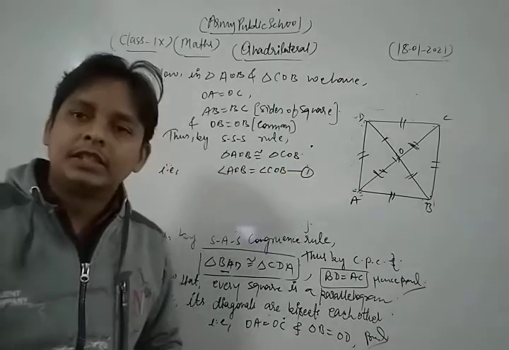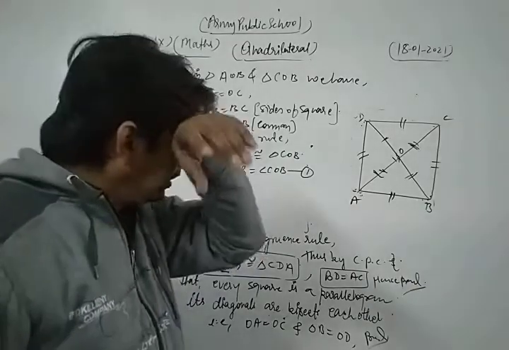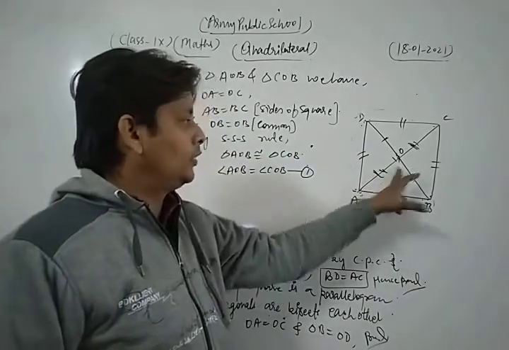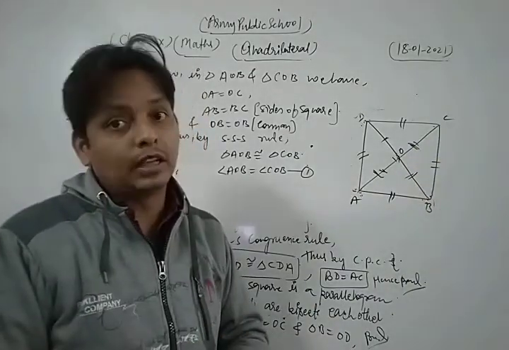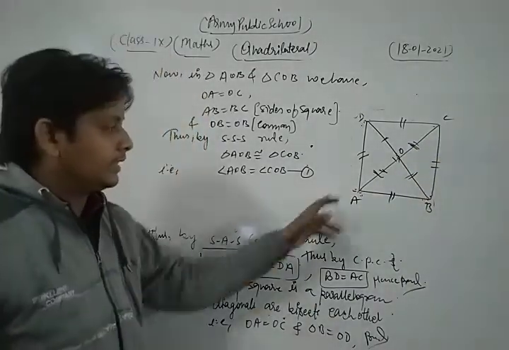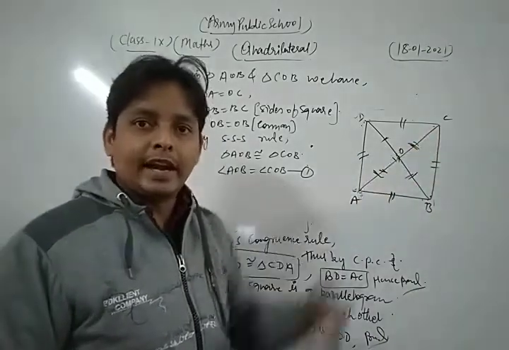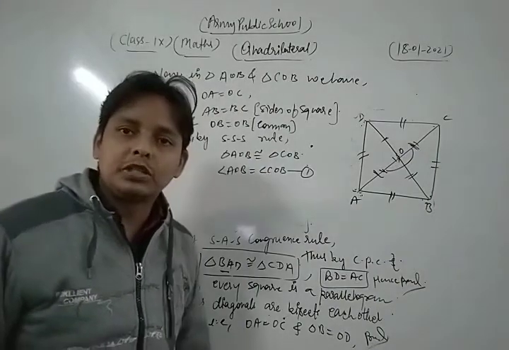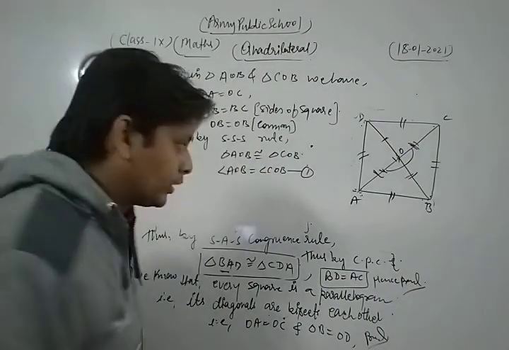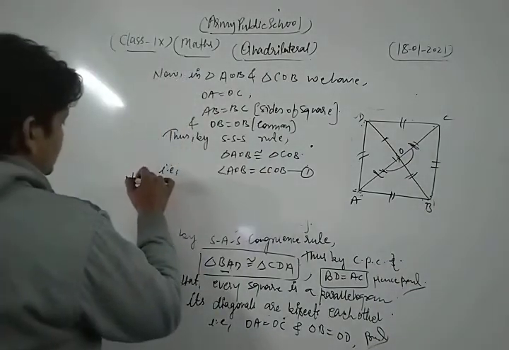Now, AOC is a straight line, and the sum of the angles on a straight line is 180 degrees.